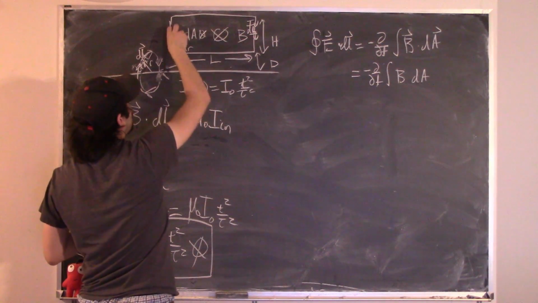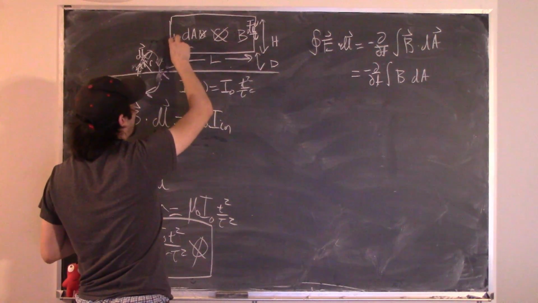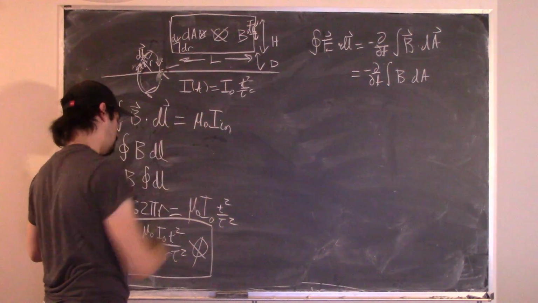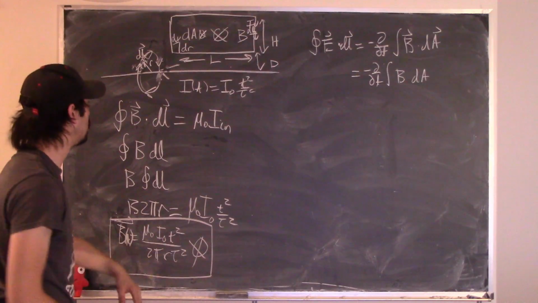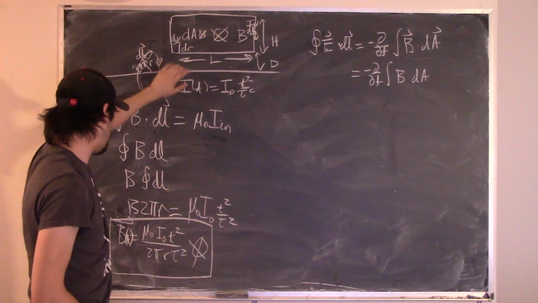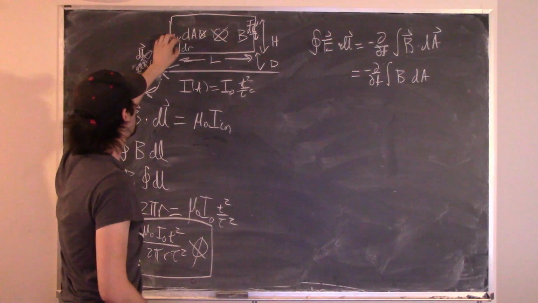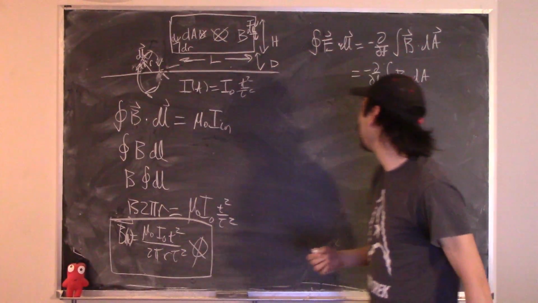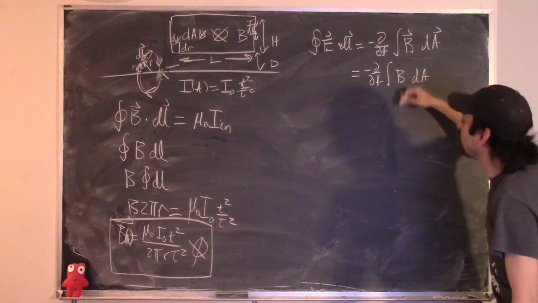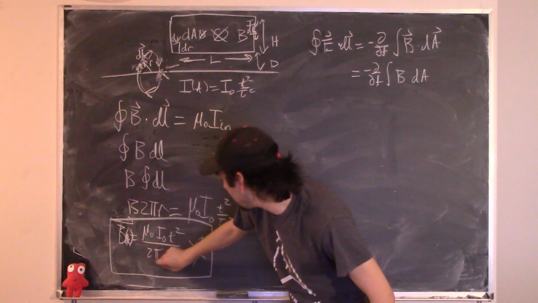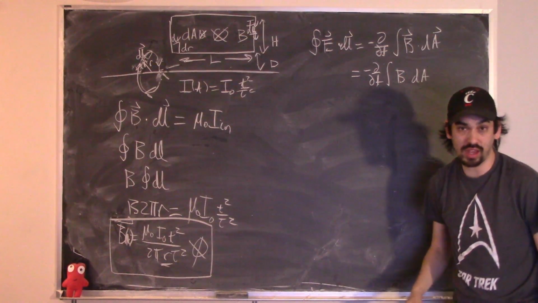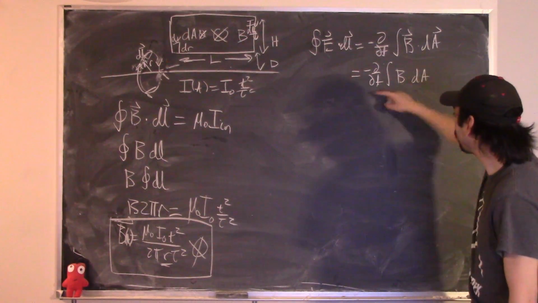But for every position I put one of these little squares, I have a different magnetic field. So I have more magnetic field here than I do up here, right? Because this varies as 1 over r. So the closer I am to the bottom wire, the more magnetic field I have. But the more I move up, the less I have. Which is why, when I do this integral, because my magnetic field is dependent on r, my dAs also contain a dr.